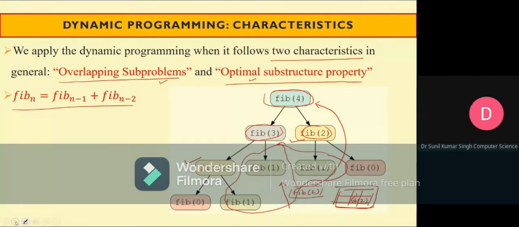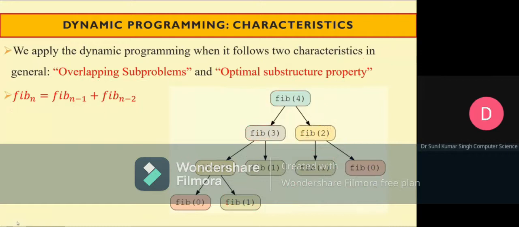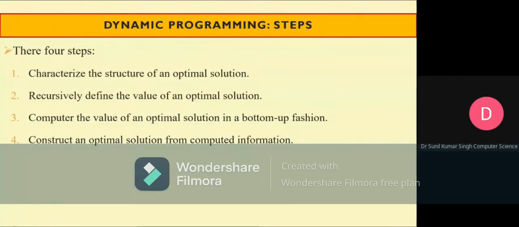So let's discuss dynamic programming, because whatever concepts we have covered till now are very fundamental, and they were covering the background. Now when we apply dynamic programming, there are basically 4 steps we have to look for.